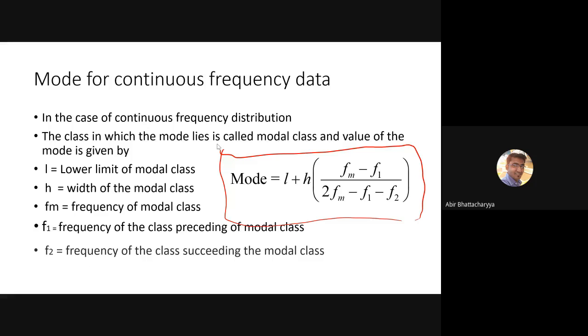Here, L is the lower limit of the modal class, h is the width of the modal class, fm is the frequency of the modal class, f1 is the frequency of the class preceding the modal class, and f2 is the frequency of the succeeding class. First, all of you note down this formula, and I will explain it while we solve some problems. After you note it down, I will tell you how to calculate the mode for continuous frequency data.